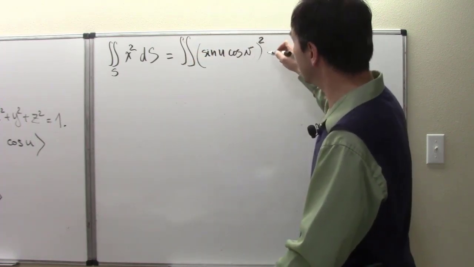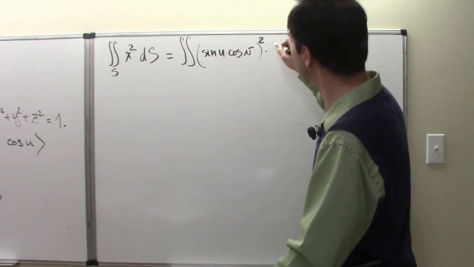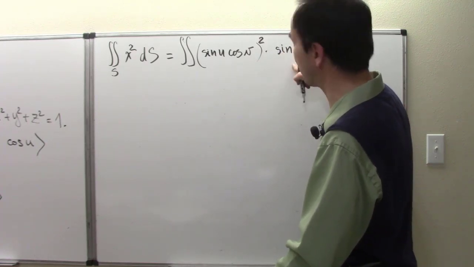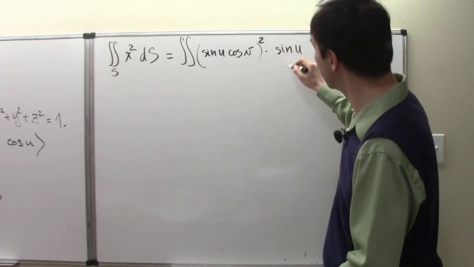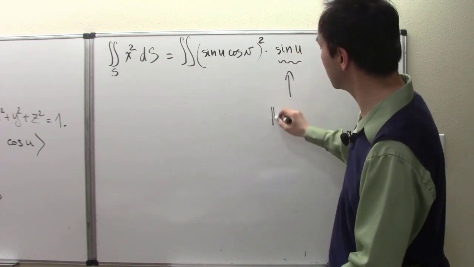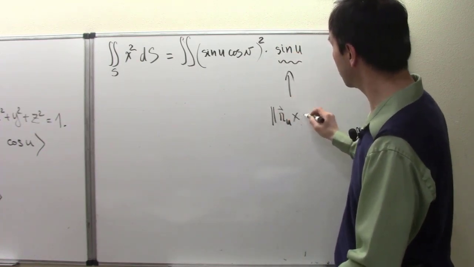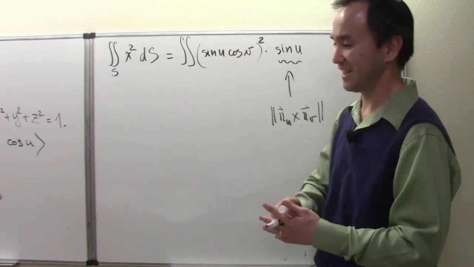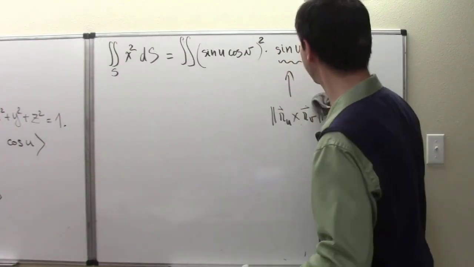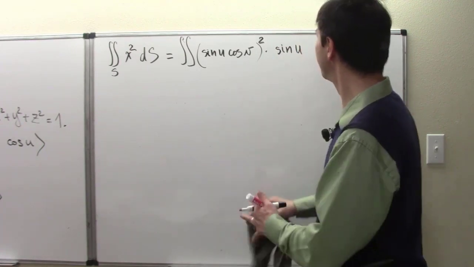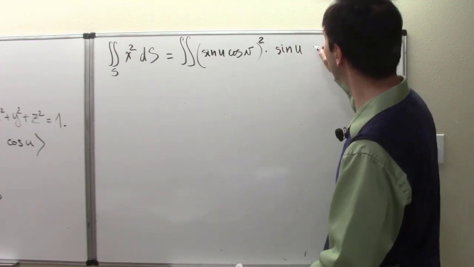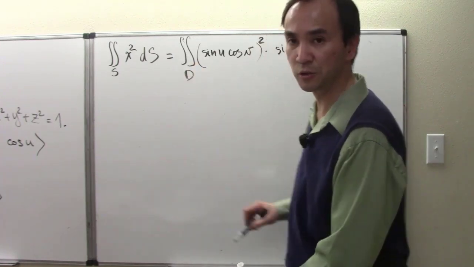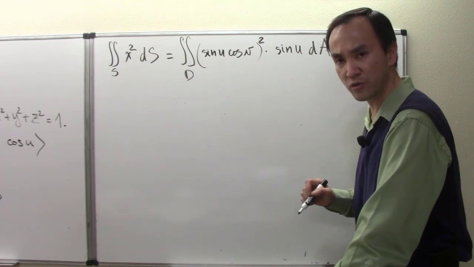And then the dS earlier can now be expressed as sine of u, which came out from the magnitude of R sub u cross R sub v that we calculated earlier on the other board. And so now we also multiply with dA over the domain of our two parameter values u and v.